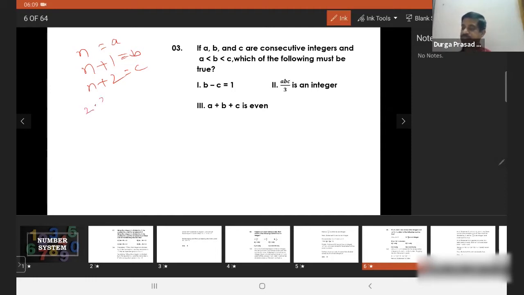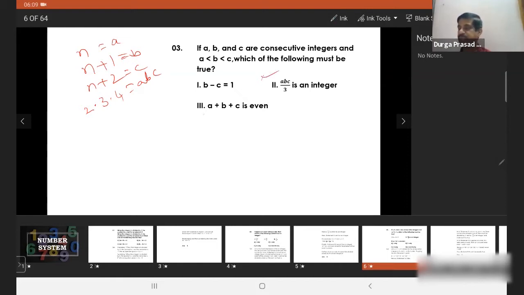So this becomes 3, this becomes 4. So ABC will be like this. So ABC is always divisible by 6. Therefore, he says by 3 is an integer. So when it is divisible by 6, automatically it should be divisible by 3 also. Therefore, this is an integer.